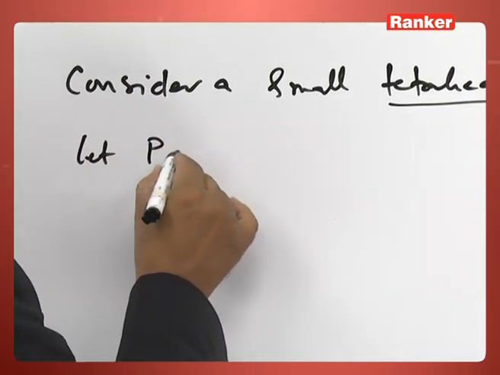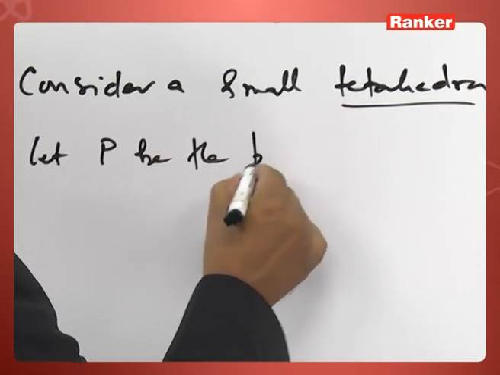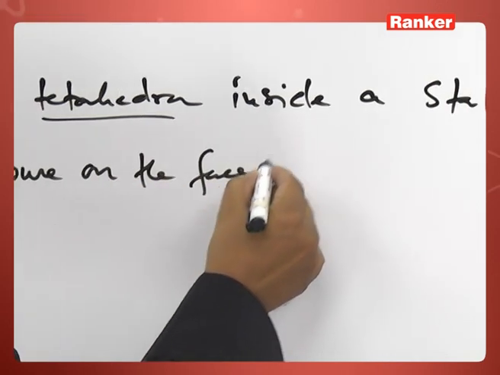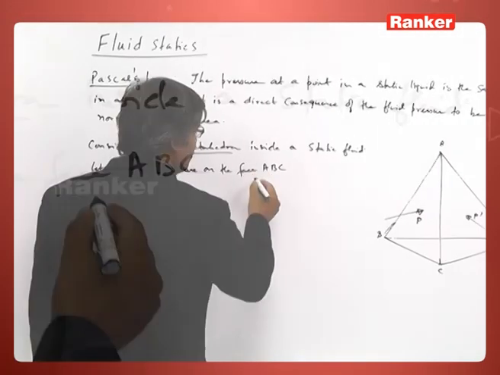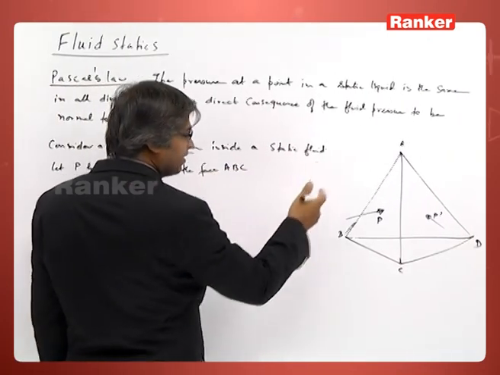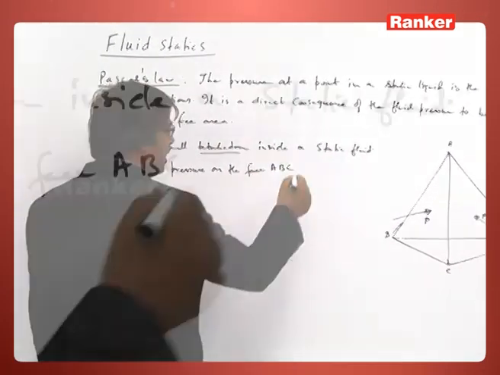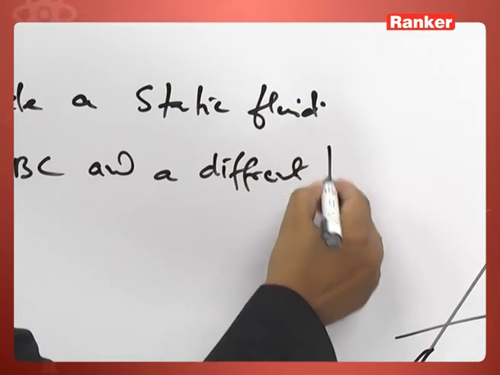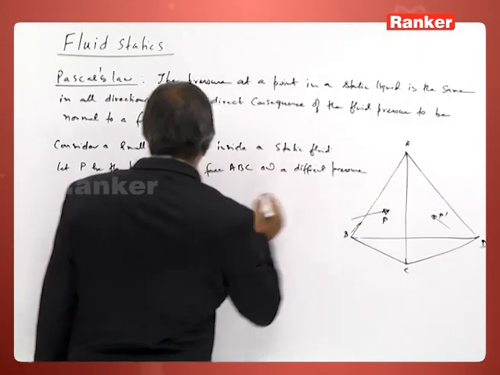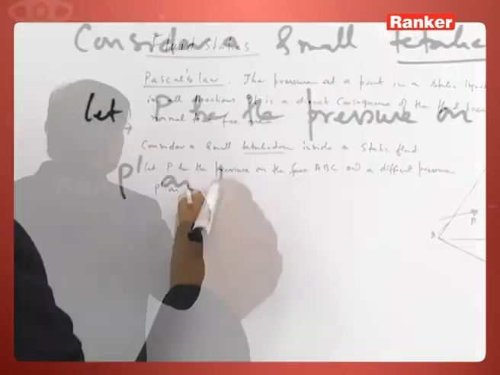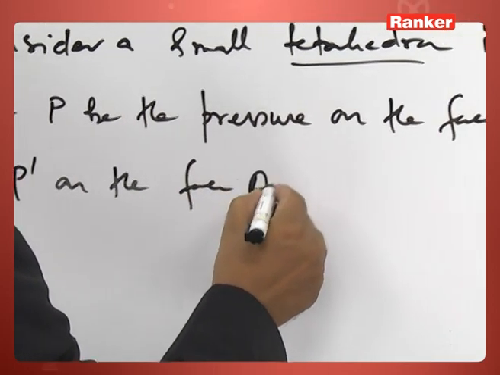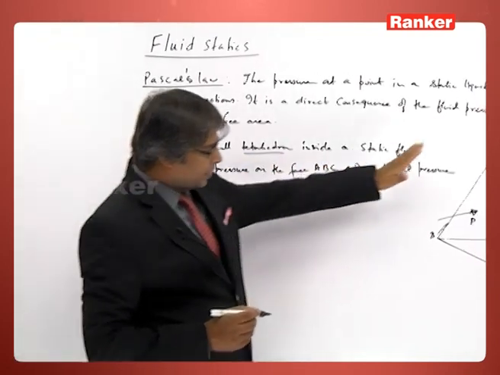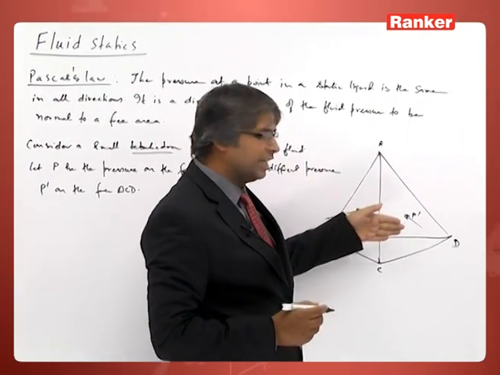A tetrahedron has triangular faces and a different pressure on each face.